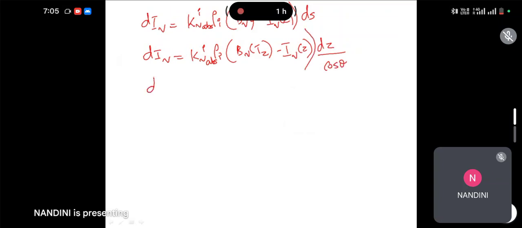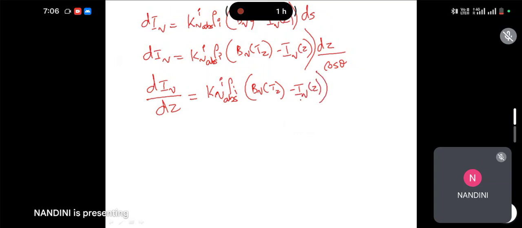Or we can write dI nu by dz is equal to k nu absorption I into rho I into B nu of T of z, which gives the emission from that particular layer. And I nu of z is basically the amount of radiation that is incident on that particular layer.